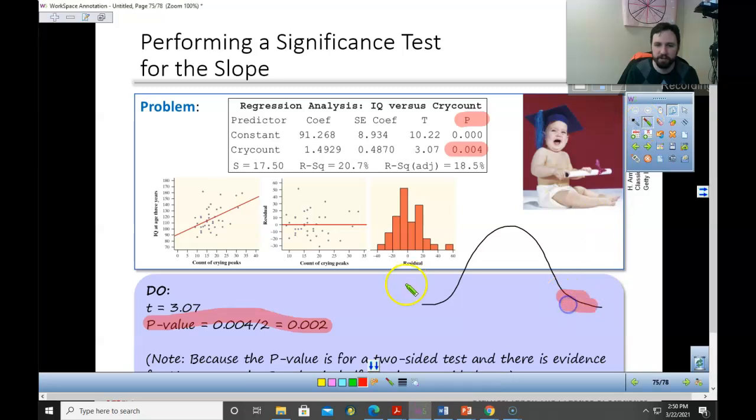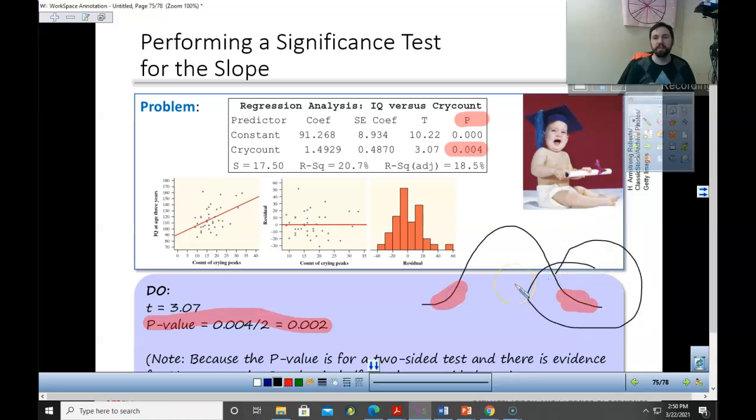So when they do their p, they're doing 2 tails. But ours was only greater than. So we divide it by 2 because it's 0.004 on both sides. So that means each side is 0.002. So divide your p by 2 if you're doing a 1-tail test. 2-tail test, leave it as it is in the chart.